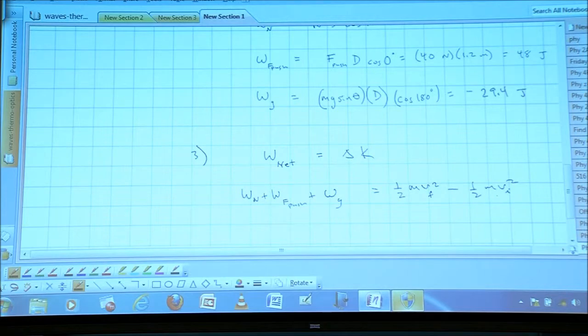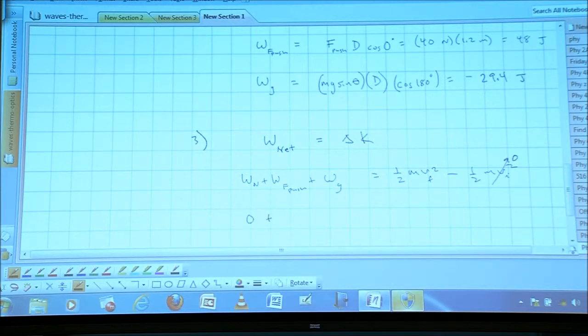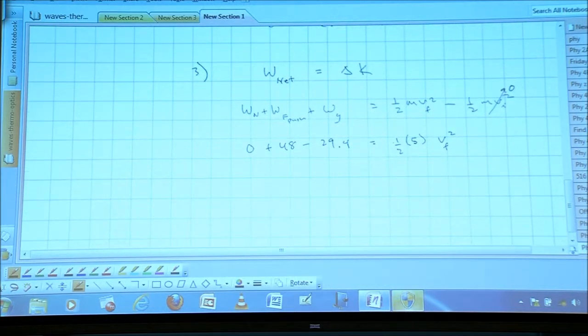And we know the initial, in this case, was 0. Then we just put these in here. We've got the 0 plus 48 minus 29.4 is 1/2 m v final squared. And so now we can solve for v final squared.